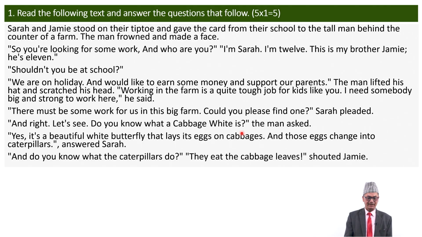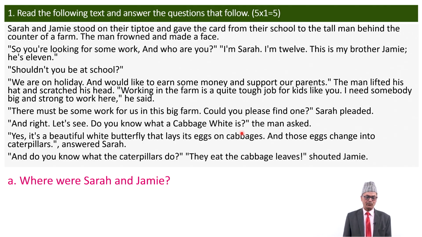Okay, let's look at the question. Where were Sarah and Jamie? Now, how do you answer this question? Where is the information for this question? So one strategy I tell you: you try to answer the question while reading for literal comprehension questions.